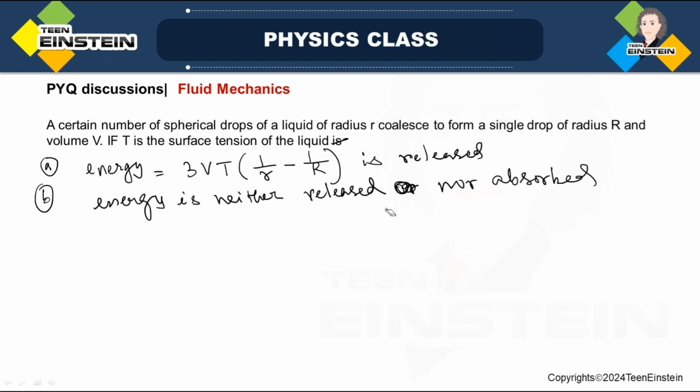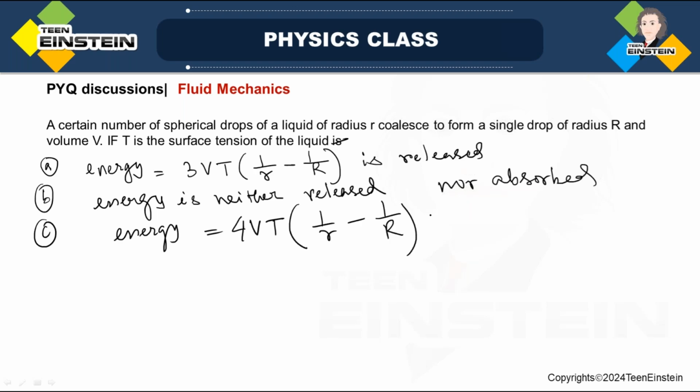Option C says energy for VT whole into this factor 1 over small r minus 1 over capital R is released.